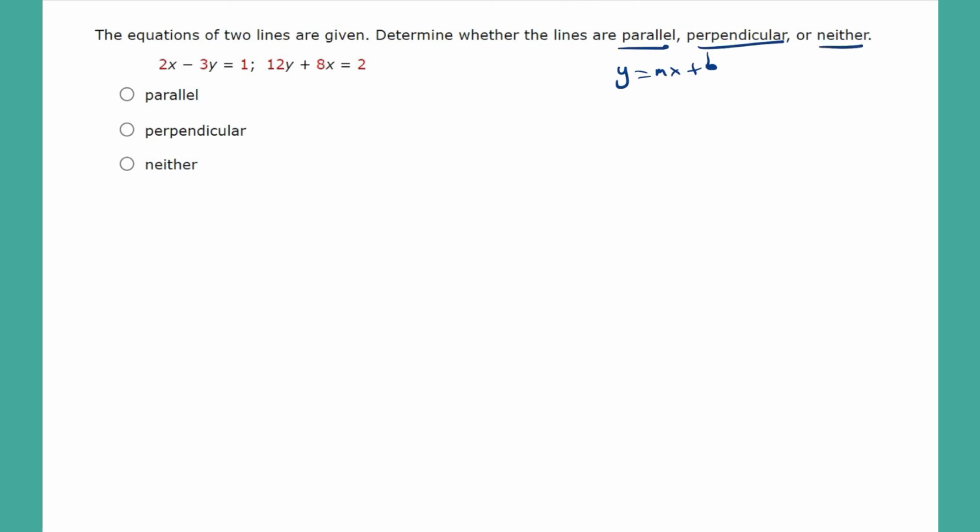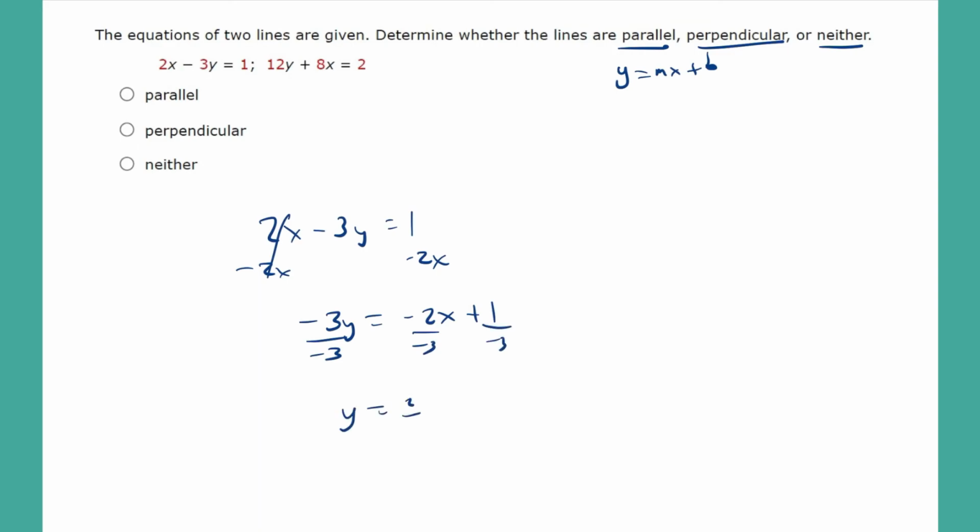So for the first one, I'm going to isolate the y by subtracting 2x and dividing by -3. So we end up with y equals positive 2/3 x minus 1/3.